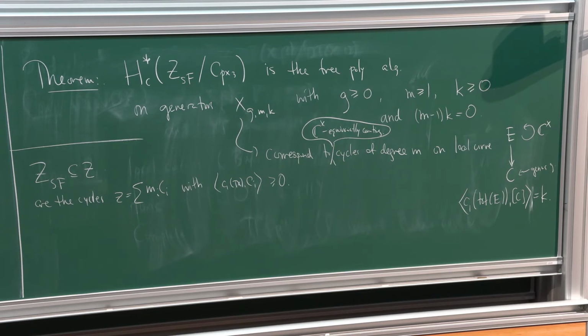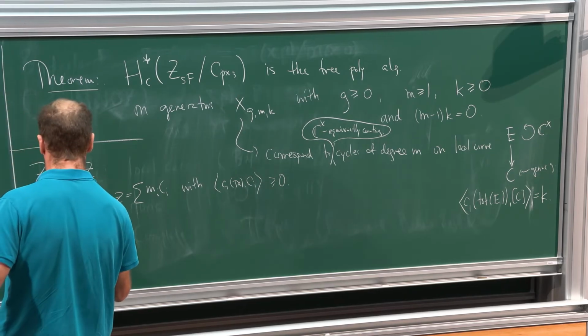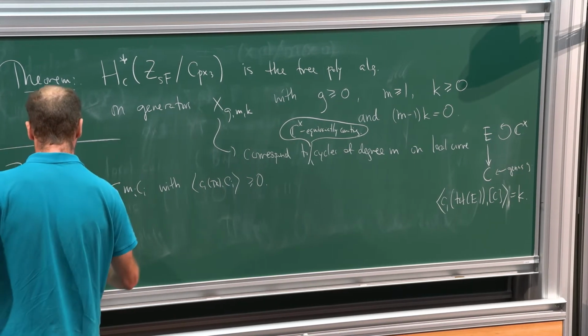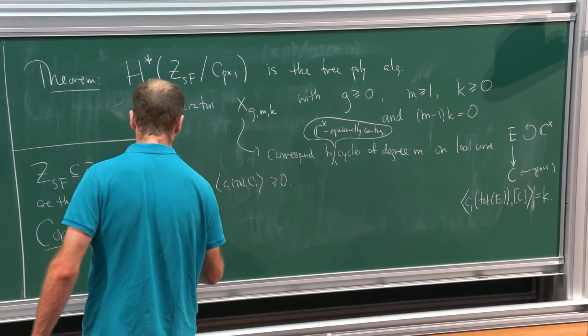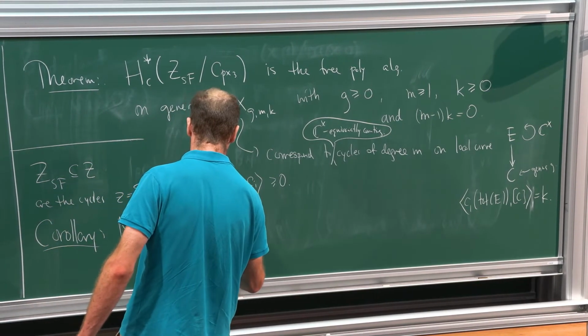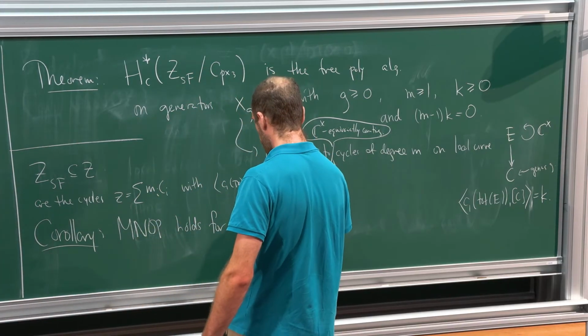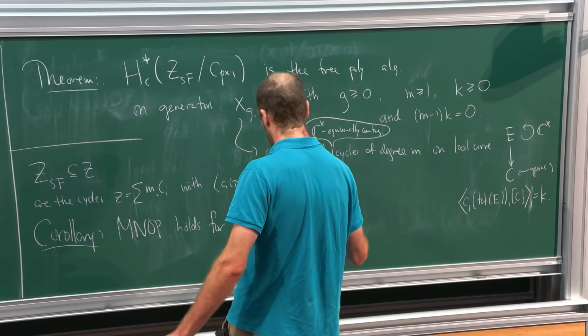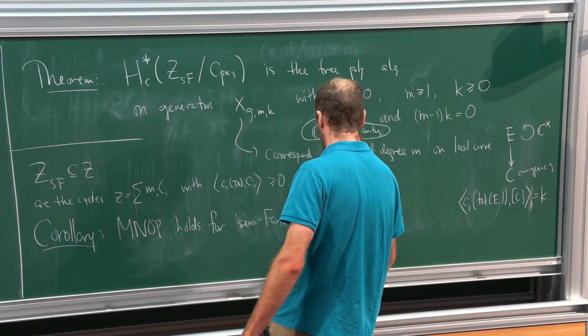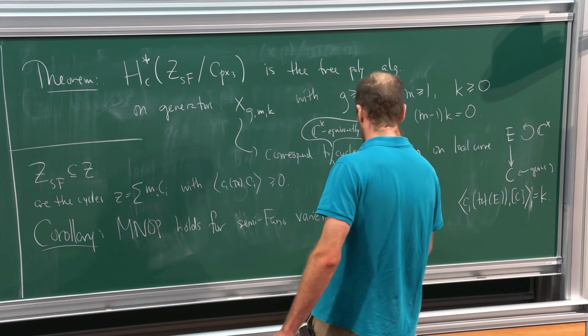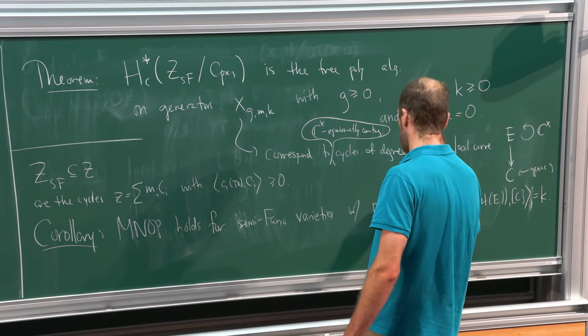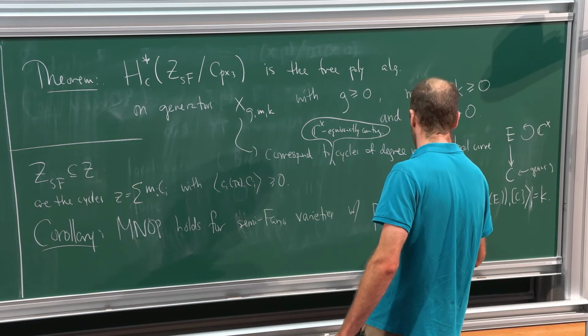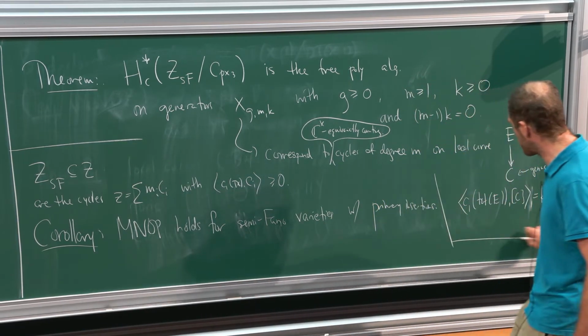Okay, and the corollary of this is that the MNOP correspondence holds for semi-Fano, in particular Calabi-Yau, with so-called primary insertions.